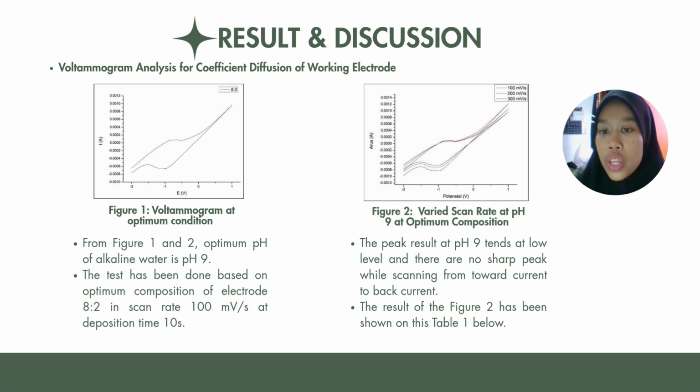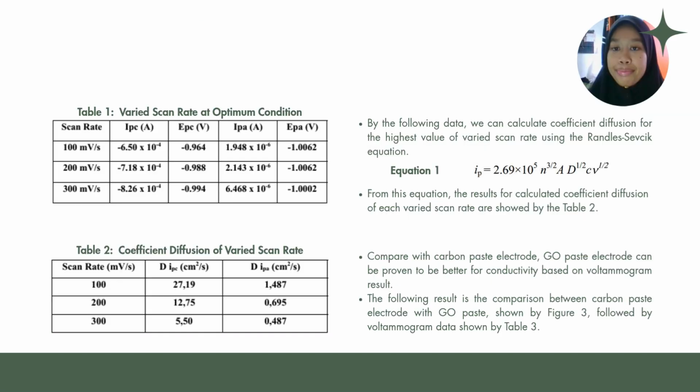So from these two figures, the optimum pH of alkaline water is pH 9, and the test has been done on the optimum composition of electrode 8 to 2 at a scan rate of 100 millivolt per second at a deposition time of 10 seconds. The peak result at pH 9 is at a low level, and there is no sharp peak while scanning from the forward current to the back current. And the result of this figure 2 has been shown in table 1 below.